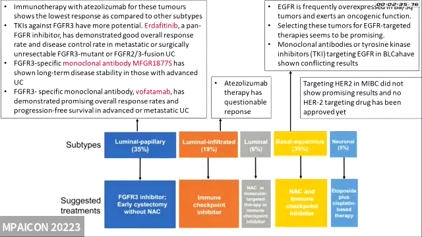I have to hurry because I want to avoid that bell. The subtypes I have again mentioned here with the corresponding treatment. Luminal papillary can be treated with an FGFR3 inhibitor. These are the candidates for early cystectomy without chemotherapy.